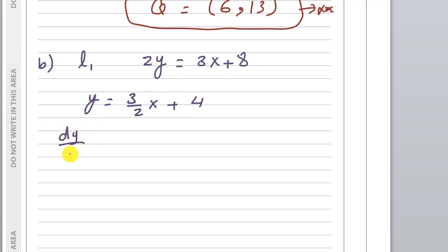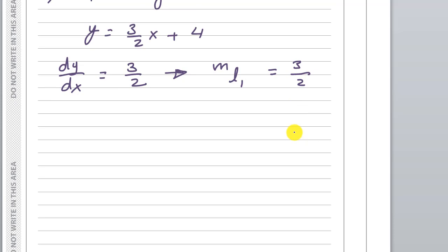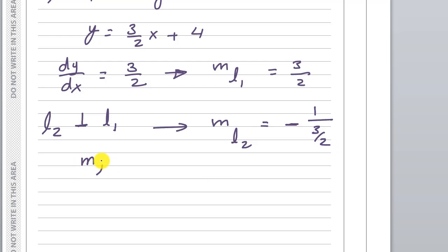So dy by dx is equal to 3 divided by 2. This is the gradient of L1, equal to 3 over 2. L2 is perpendicular to L1. So the gradient of L2 is equal to minus 1 over 3 over 2. So the gradient of L2 is equal to minus 2 over 3.